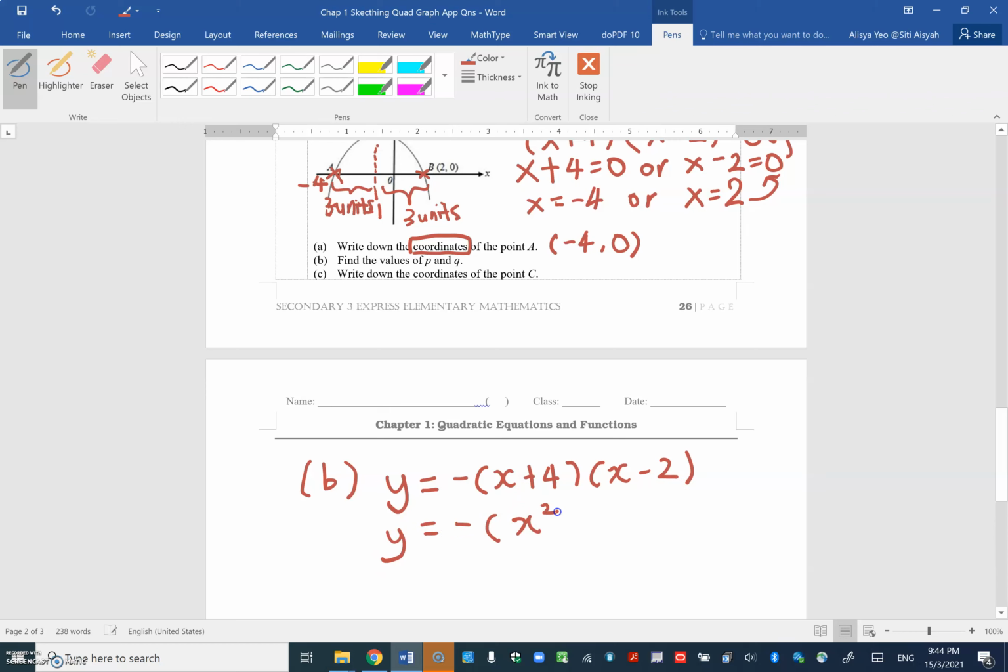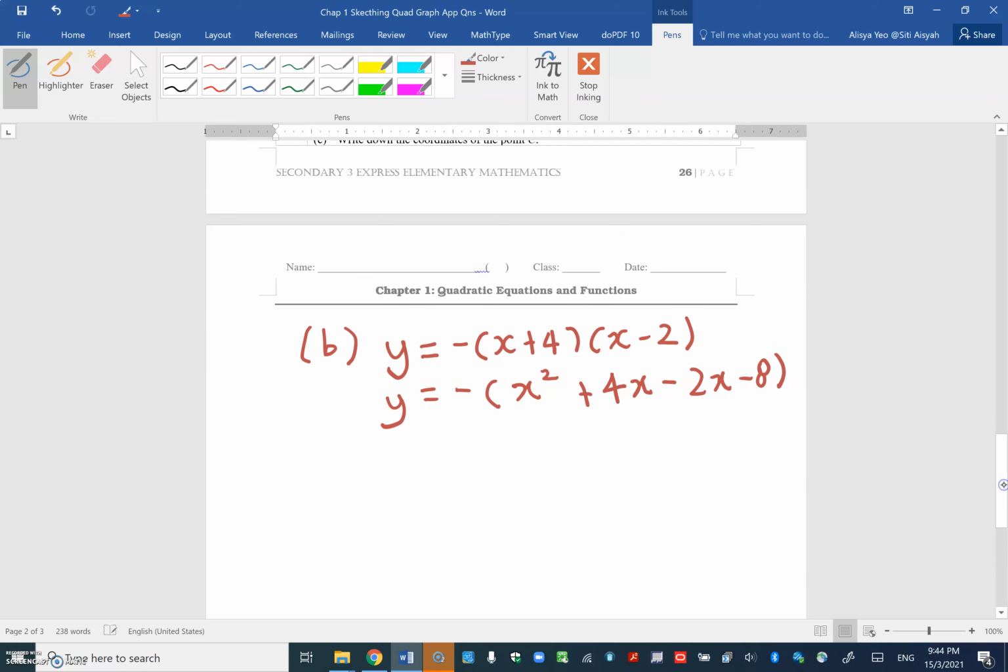You have x squared plus 4x take away 2x take away 8. Of course you have to multiply in your negative. So you have negative x squared. Now this is going to give you positive 2x, but you multiply by -1. That gives you negative 2x, and then you have a positive 8.